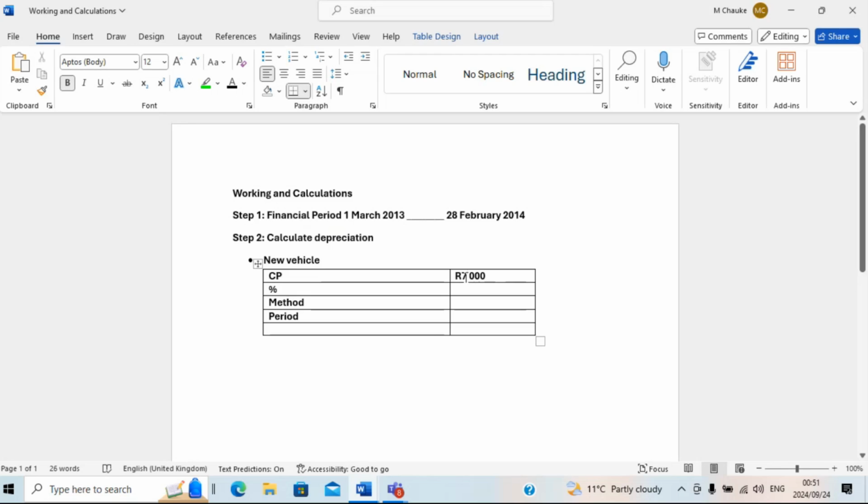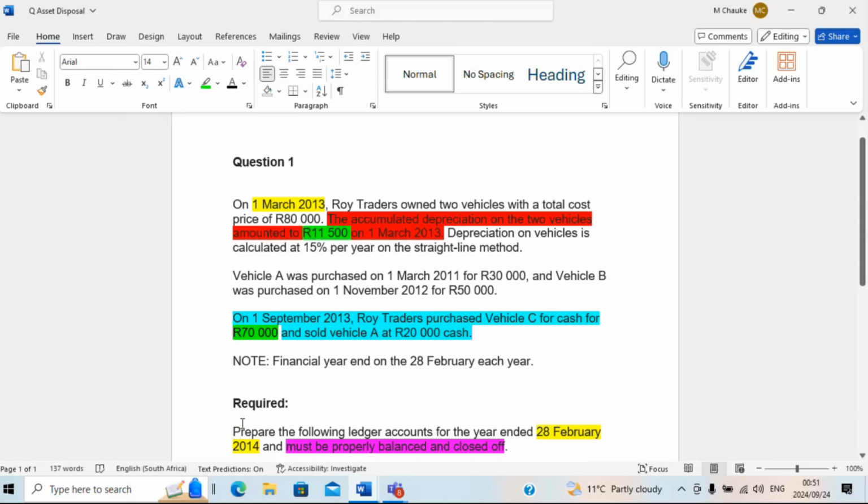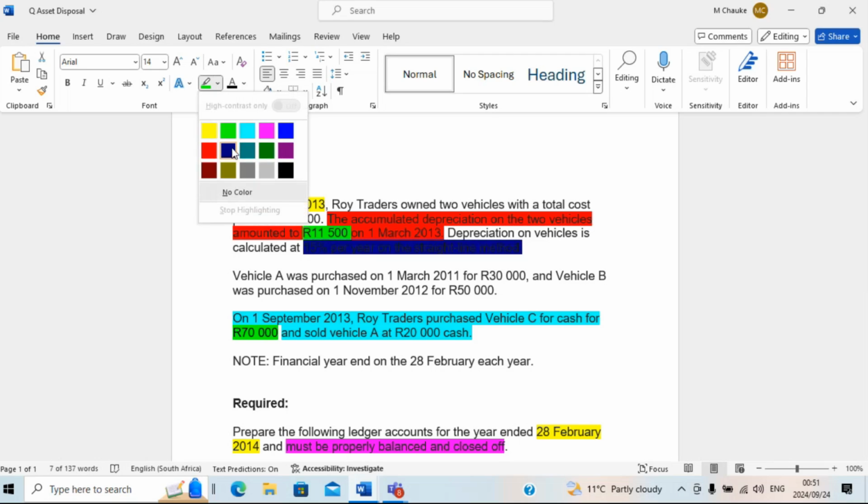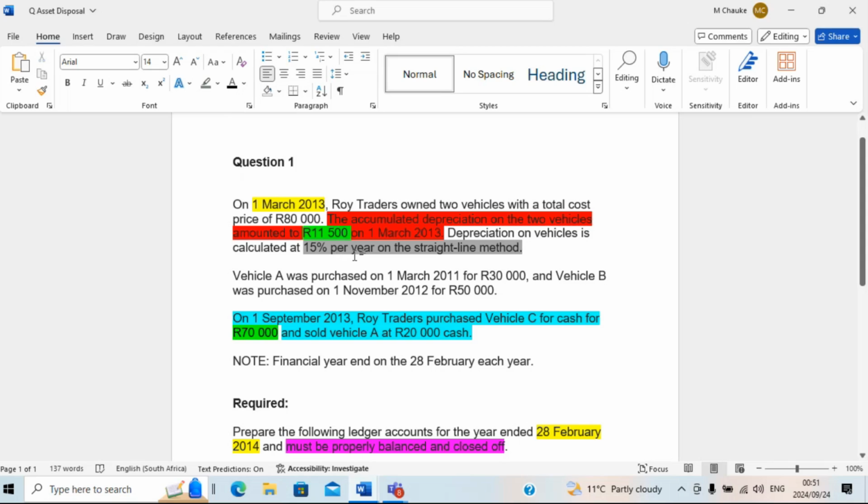Okay, and then the percentage, let's go to the question again and check what the percentage is to calculate depreciation. It says depreciation on vehicles is calculated at 15% per year on the straight line method. So already we've got the straight line method and the 15%.